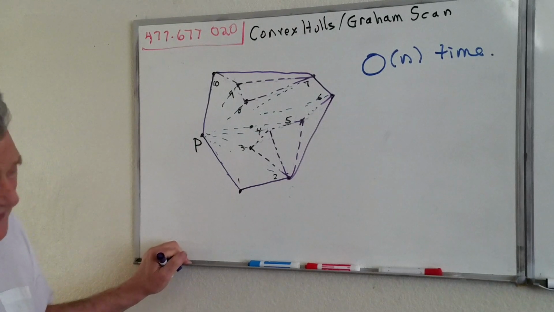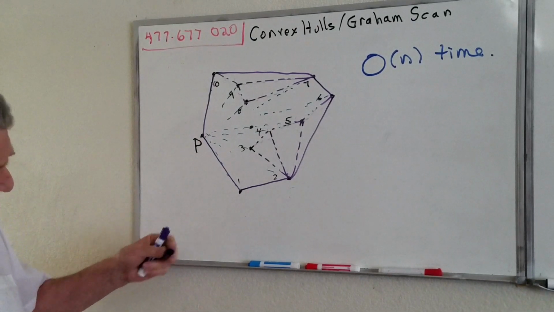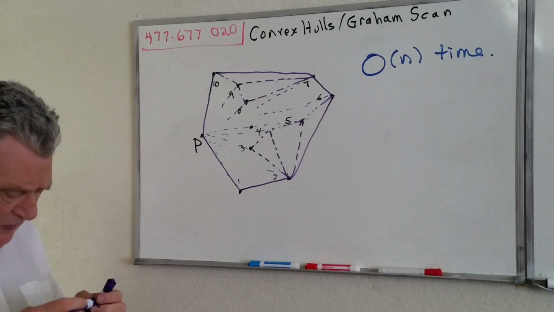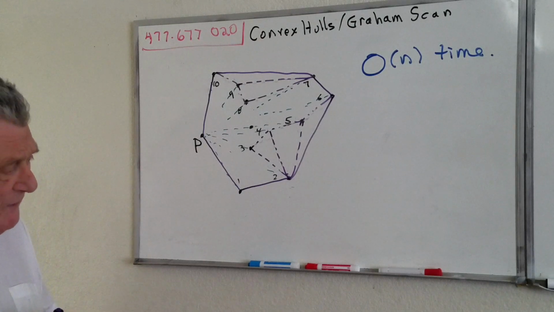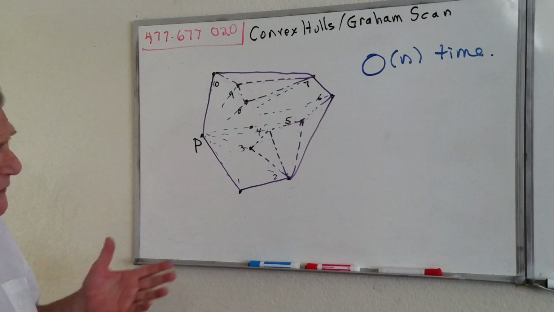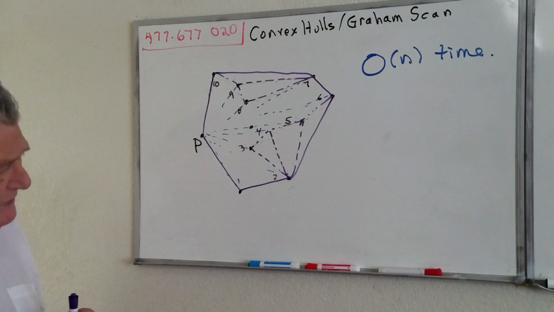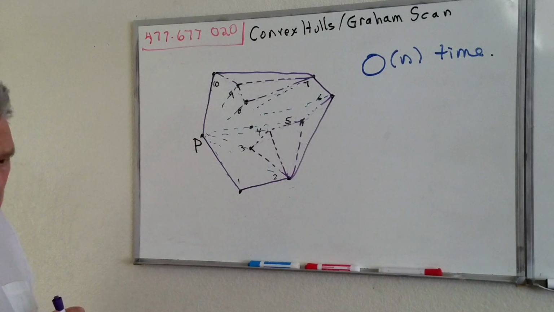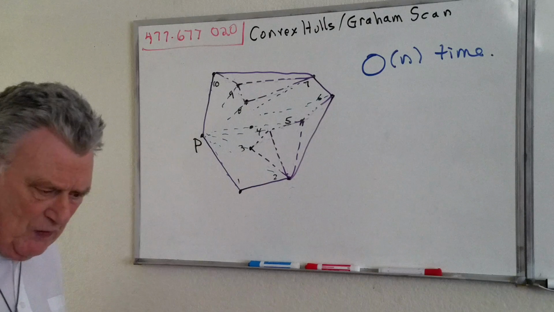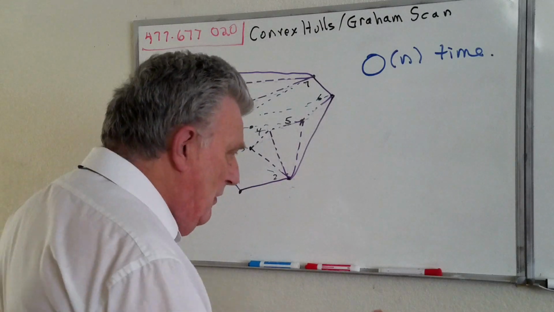So you can't say that it takes constant time. Whenever we visit a new point, we might get a lot of extra time taking care of points that are already on the stack. But the total time is still no more than n, or O of n.